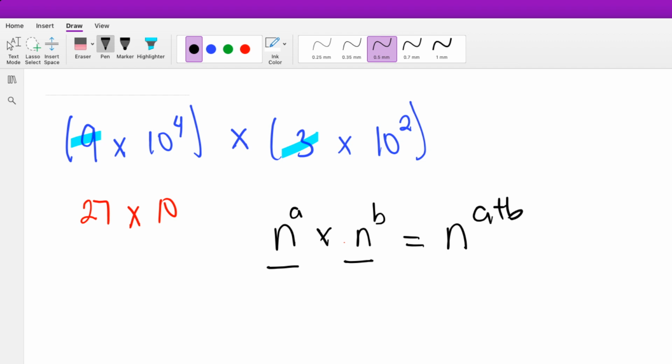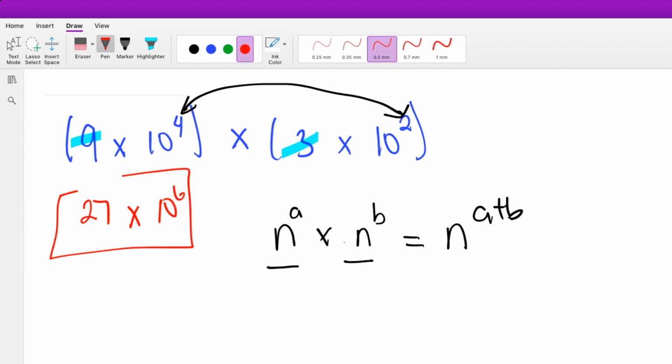So that being said, we have 27 times 10 to the 4 plus 2, that's 6. And that's all we have to do for that.